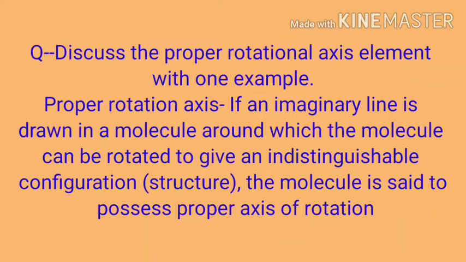That means we put an imaginary line over the molecule and rotate the molecule through that line to get an indistinguishable structure.